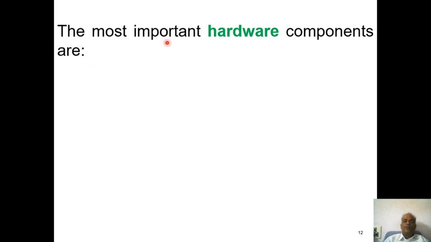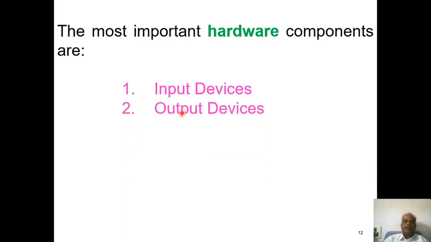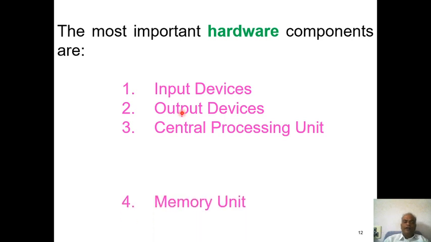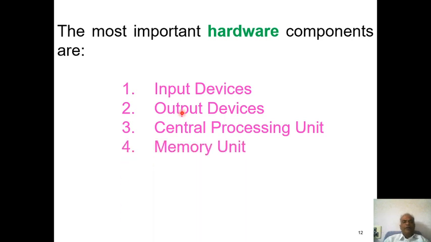The most important hardware components are: first, input devices; next, output devices; third, the central processing unit; and fourth, the memory unit.